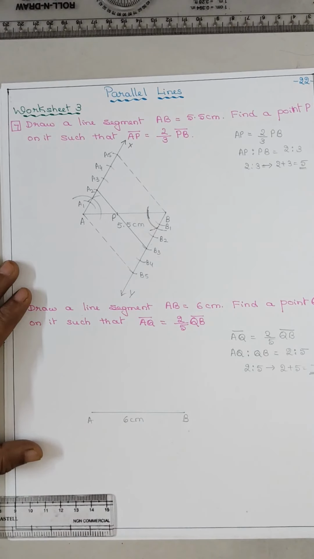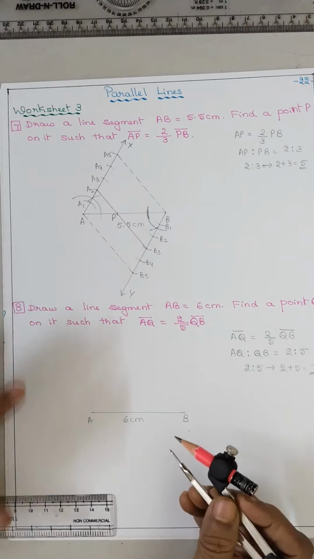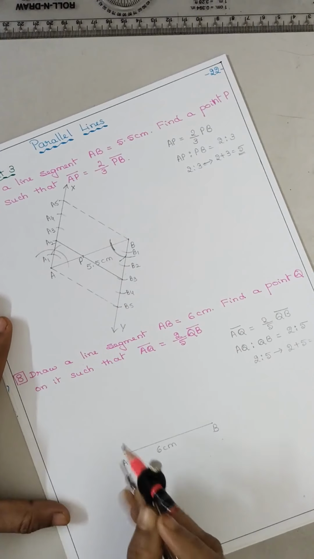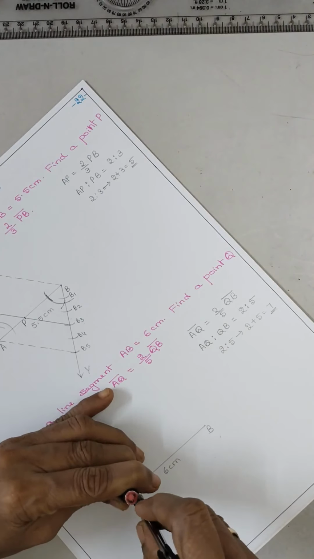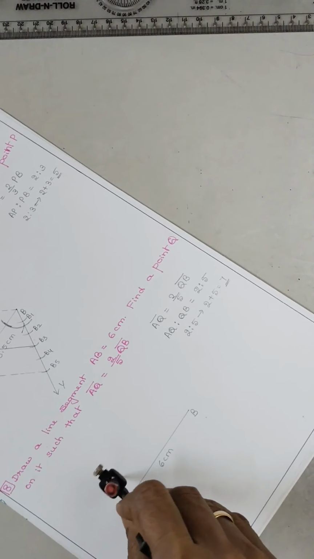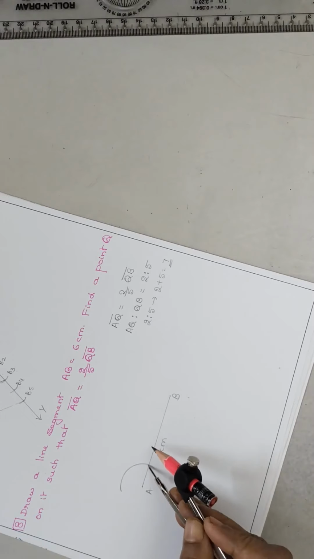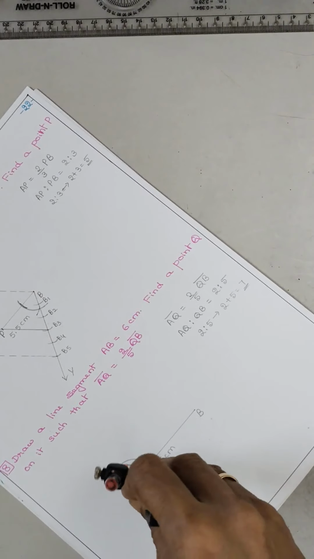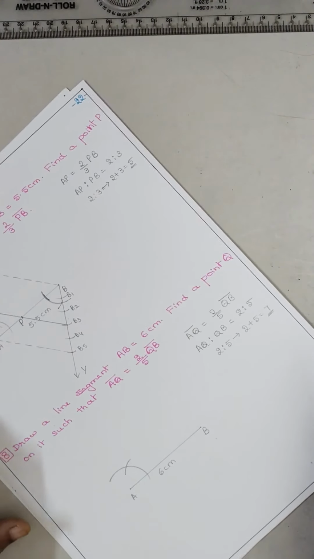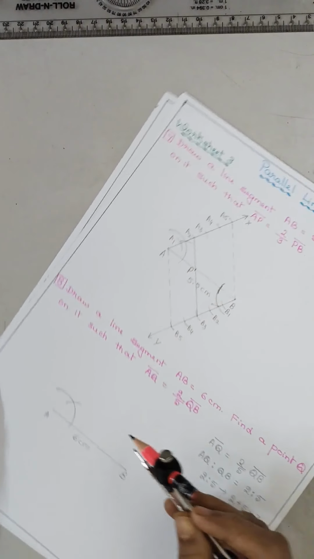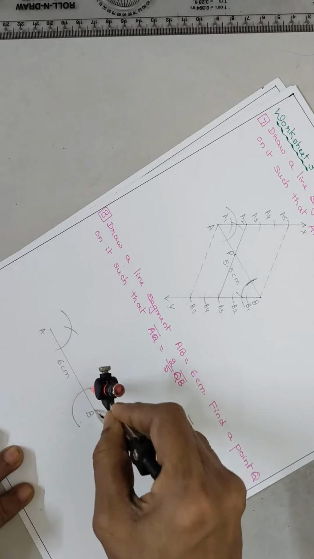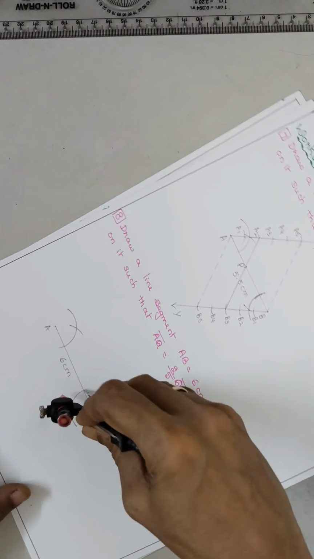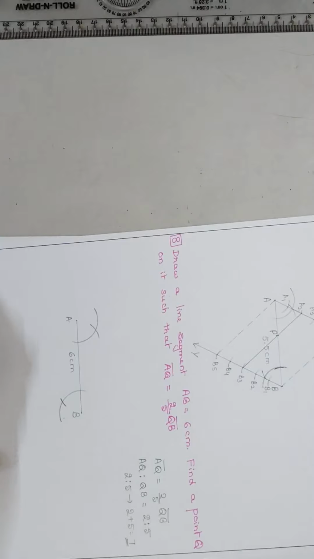Now 7 equal parts. Draw one arc and cut that. On the other side at B, draw an arc and cut this.